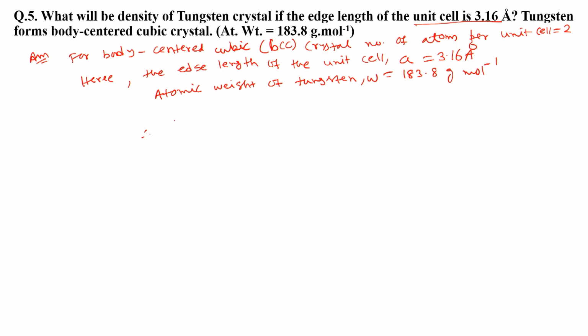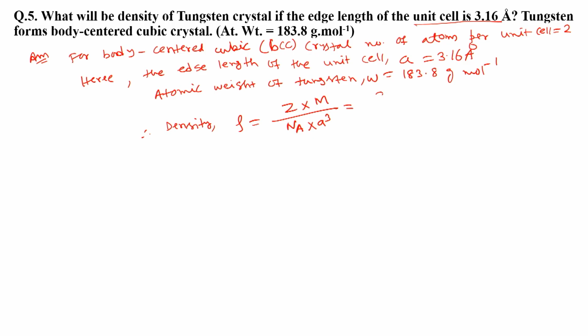Therefore, the density rho is Z times M divided by Na times A cube, as we already discussed in the class.